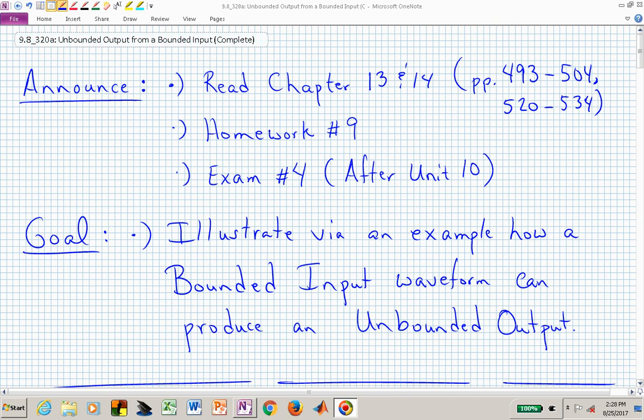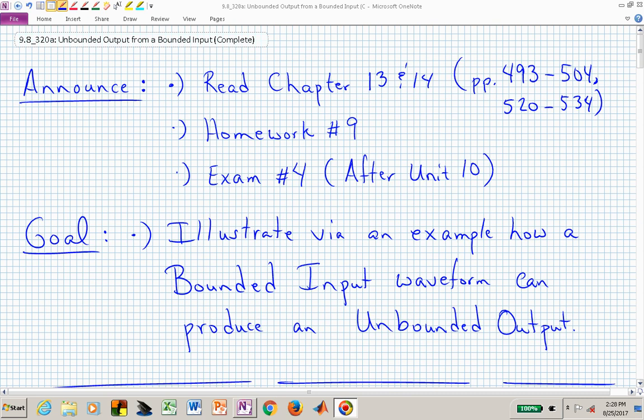This is Unit 9, which means we're talking about transfer functions and how they behave relative to particular signals or input waveforms, what kind of output waveforms they produce. In this particular video, I want you to understand a special condition where you can apply a bounded input waveform to a system that has poles not in the right half plane, but right on the imaginary axis.